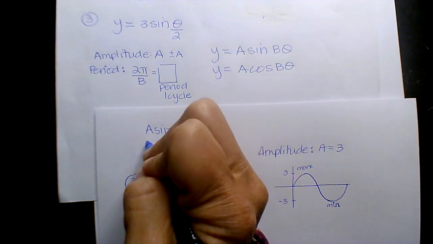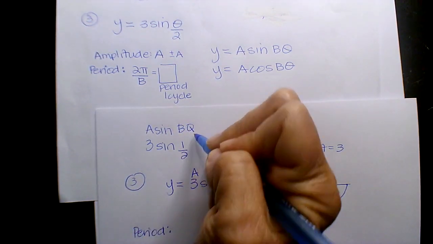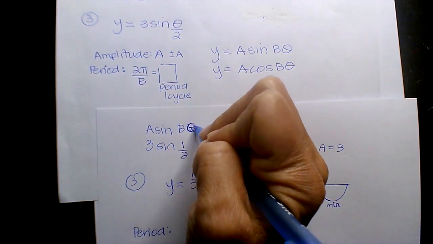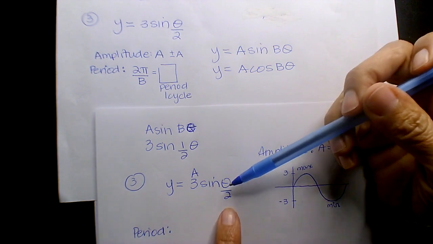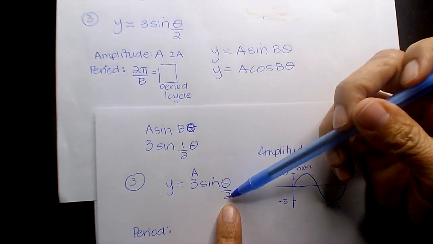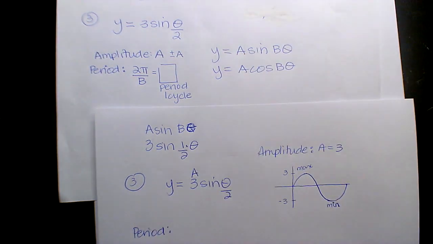You're given this, but it's really 3 sine 1 half theta. Yeah, so you guys understand, theta over 2 is really 1 half times theta, right?